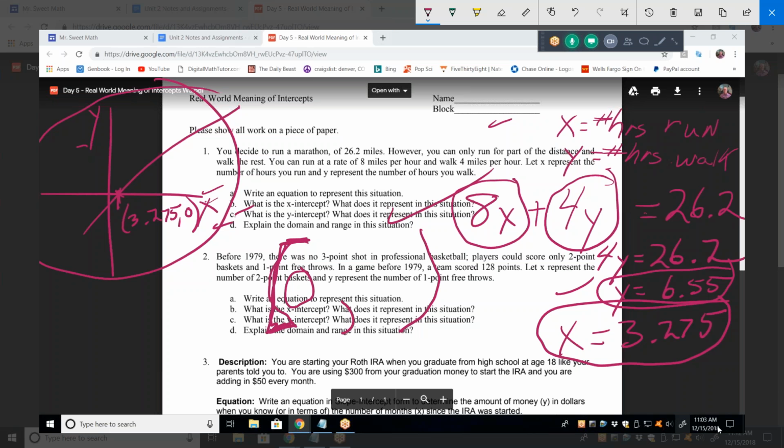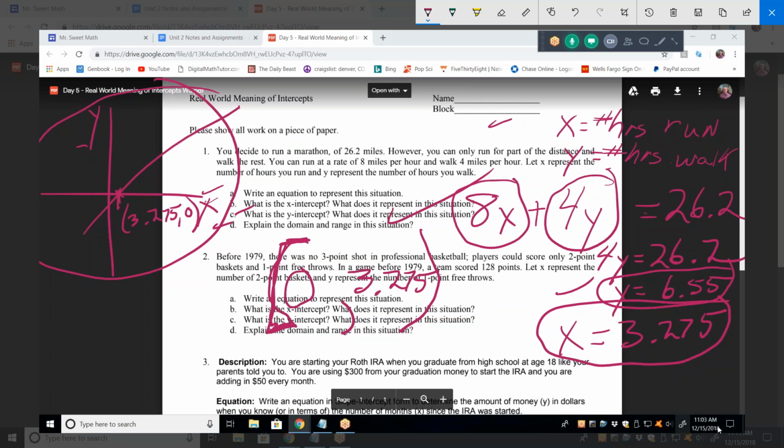And what's the maximum that x can be? Infinity? No, because you're only running a marathon. Remember, x is the number of hours you run. So the most x could ever be is that, because you'll finish the race.